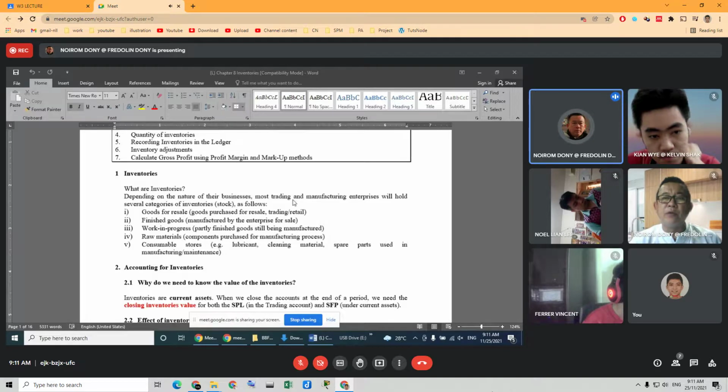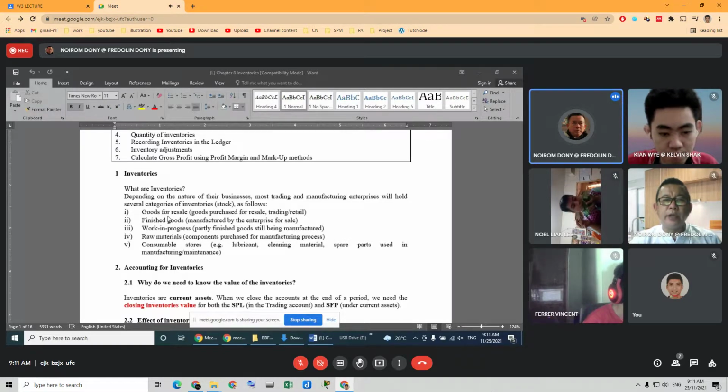And then manufacturing enterprises, they buy raw material, they process the raw material and it becomes finished goods, then they sell it. So trading and manufacturing enterprises, these are the possible inventory that they would have in their business entity.